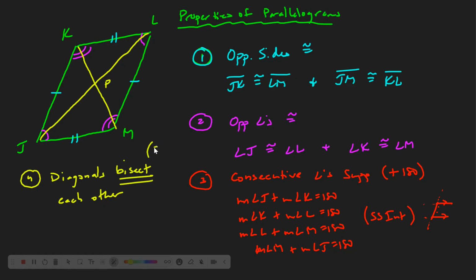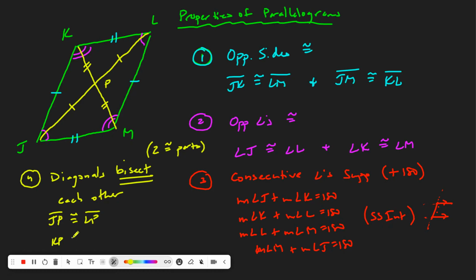Bisect means two congruent parts. So in this picture, JL is split into two congruent parts, JP and LP. So I know that segment JP is congruent to segment LP. I also know that KP and MP are congruent.